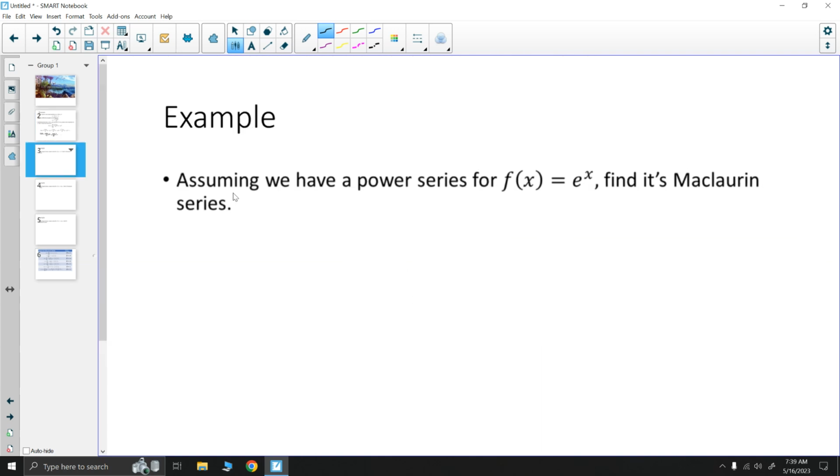Okay, so assuming we have a power series for f of x is equal to e to the x, find its Maclaurin series. So this is one of those ones where, like I said, when I was a student, I didn't know Taylor series or Maclaurin series.